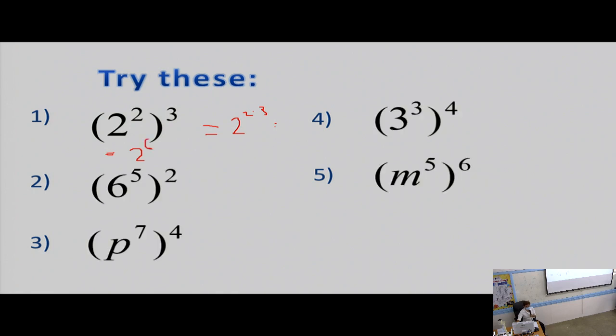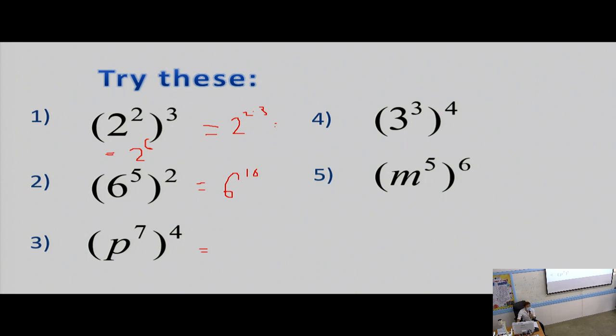Okay, let's have this one. Number 2. 6 to the power of 5 to the power of 2. Okay, very good. We have 6 to the power of 10. How about number 3?